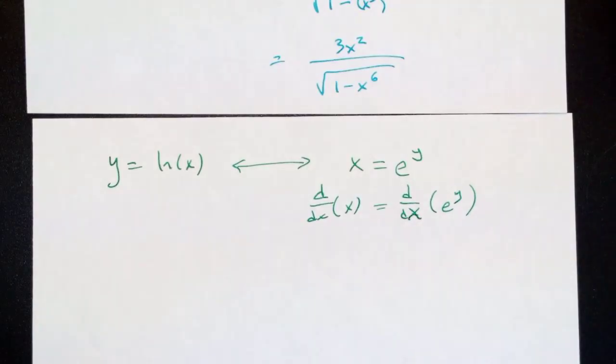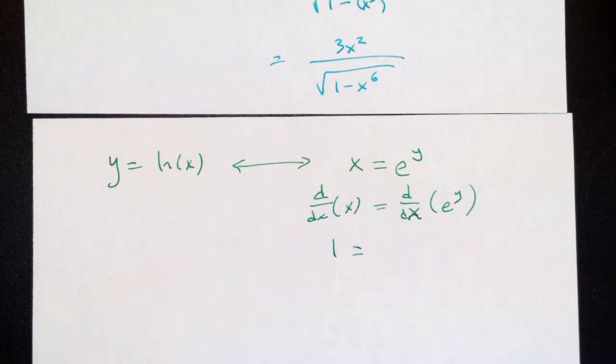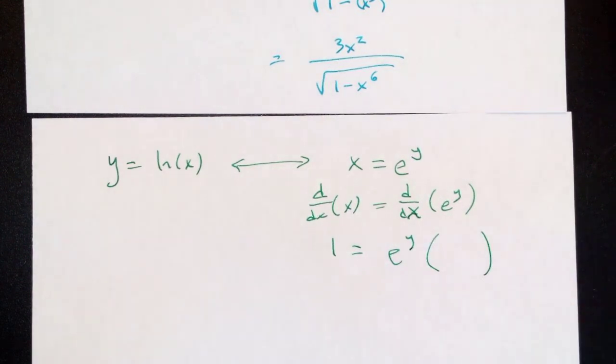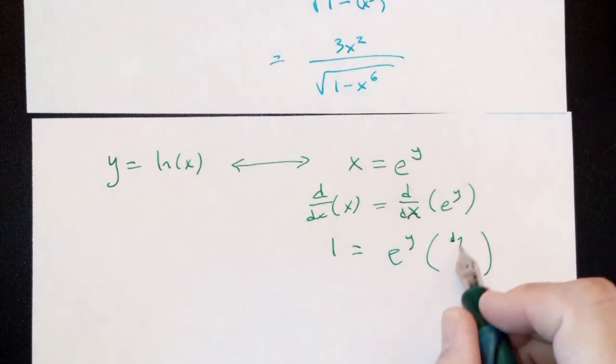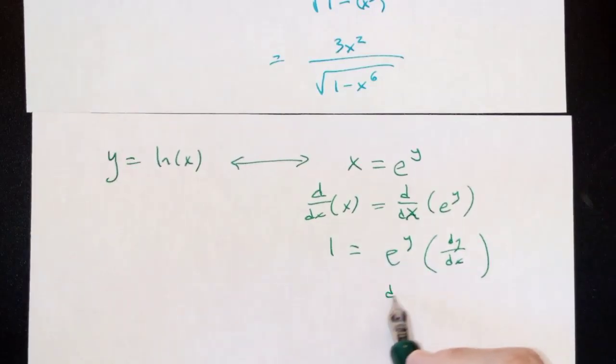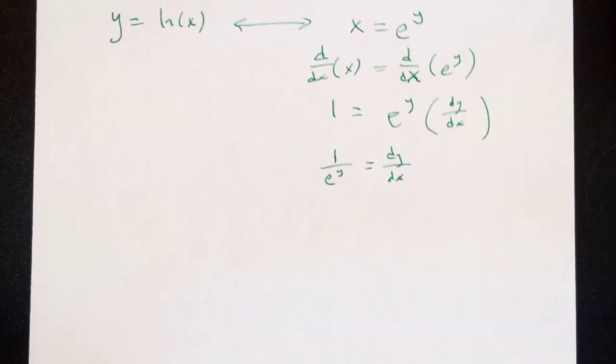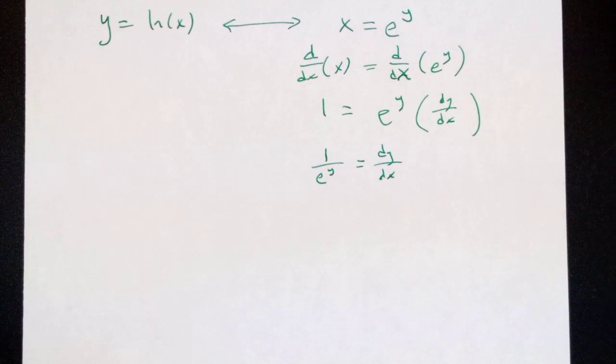The derivative of x. The derivative of e to the y. The derivative of e to the stuff is e to the stuff. But wait, there's more. dy/dx. Which means if I want dy/dx alone, because my goal was to find dy/dx, I divide. And again, I make the same snarky comment.